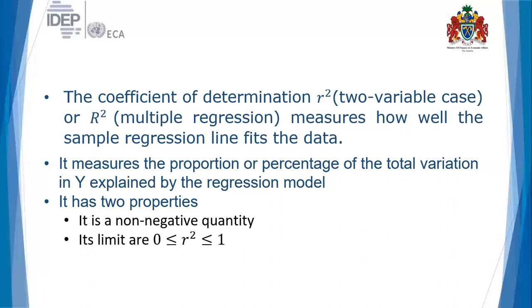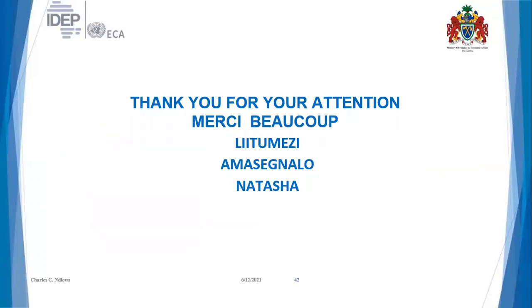So comparing the two, the 0.025 explains a smaller percentage, while the other one explains a higher percentage, which means the sample regression line which has a higher coefficient of determination fits the data better than the one which has a lower or small coefficient of determination. Thank you for your attention.